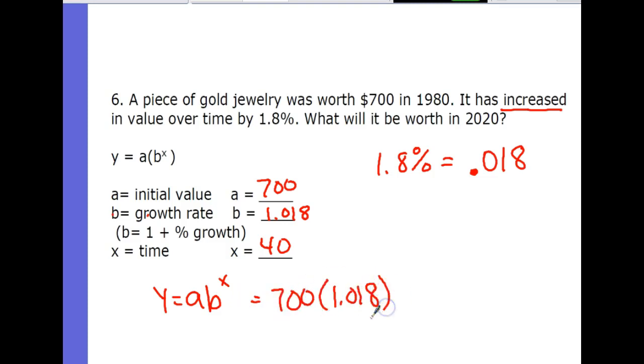This is the b, the multiplier, raised to the 40 power. And so that's 700 times 1.018 raised to the 40 power. And so it more than doubles in value.